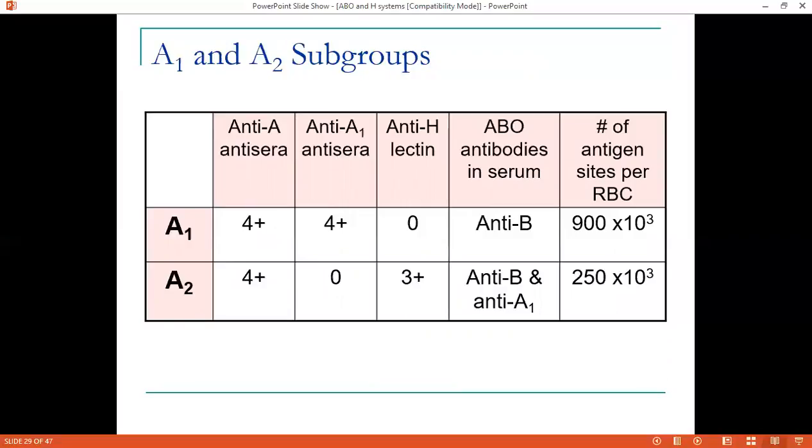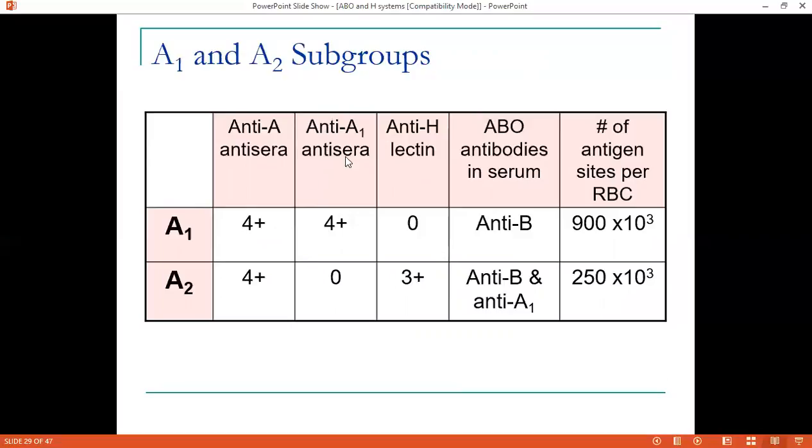So with that said, if we look at the anti-A antisera that is going to be used to test the patient's red blood cells, we can see that if we were to compare an A1 blood group red cell and an A2 blood group red cell, they're both still going to react with our commercial blue anti-A antisera, but the main difference is going to lie in that Dolichus biflorus lectin typing, which is the second column right here.